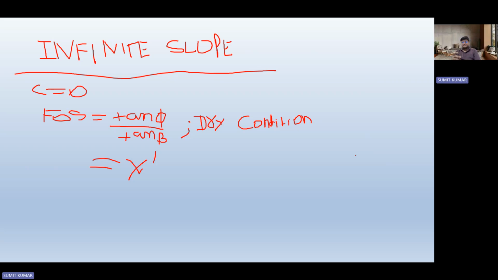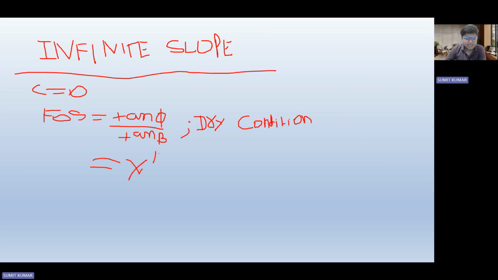Okay, welcome back. So before going to break, we were discussing the factor of safety calculation for different cases, in which we have discussed and elaborated the point regarding the factor of safety for the infinite slopes.